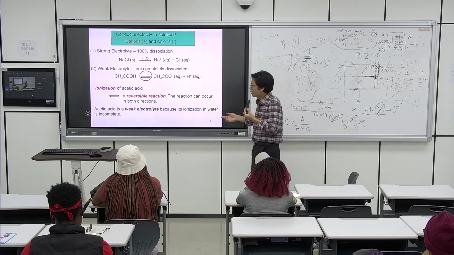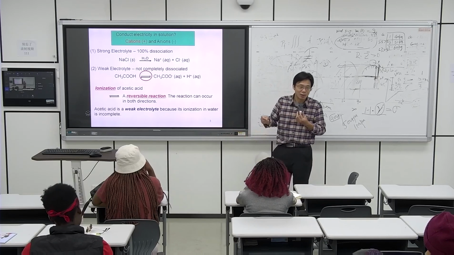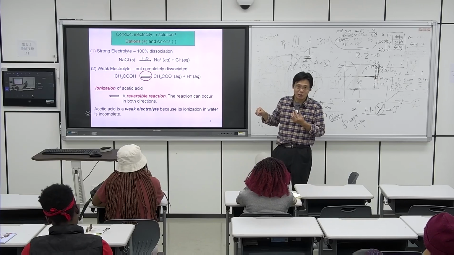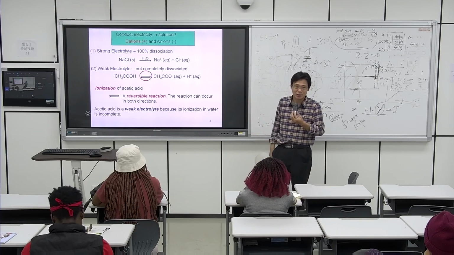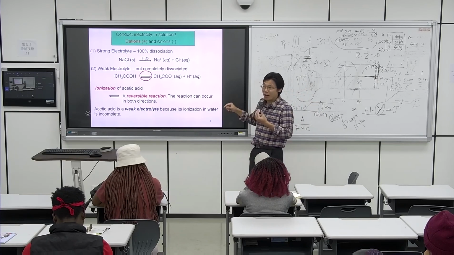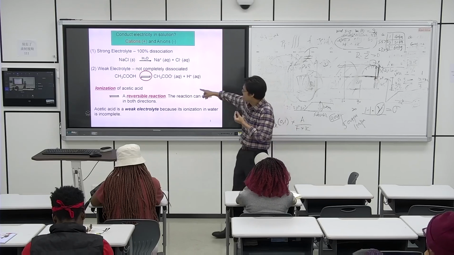is in the solution. For water, the H and OH concentrations are about 1 times 10 to the power of minus 7, right? So 10 to the minus 7 is also very weak, very small.